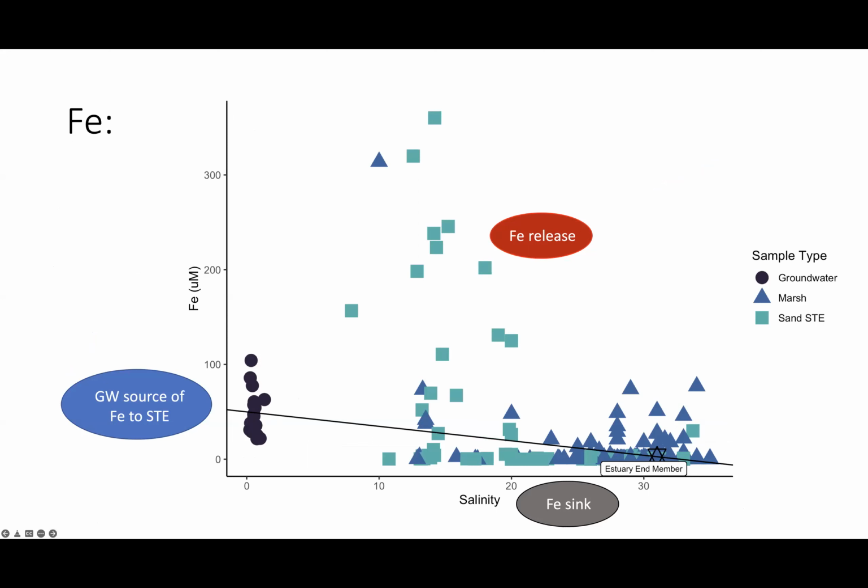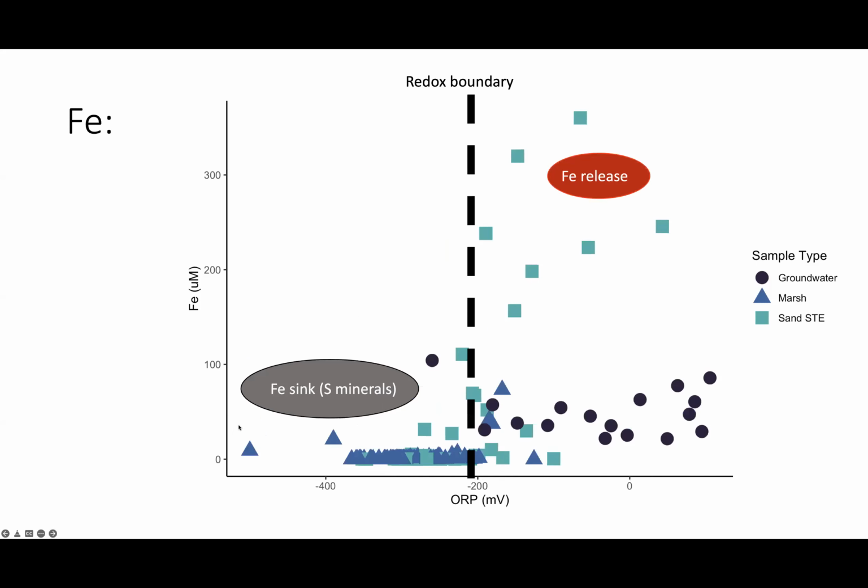But we're looking at, within the subterranean estuary, what's going on. The sandy portion here is going to be in our green squares, and then the peat portion is going to be in our blue triangles. And I've attempted to keep that color scheme throughout most of the talk.